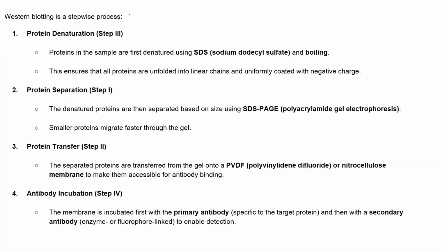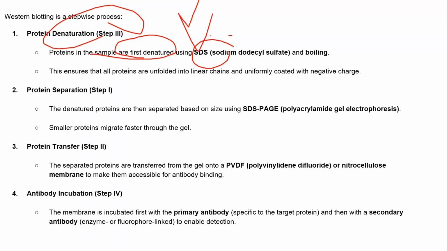So first is the protein denaturation step, and in that step we first have to denature using SDS. There we also add this SDS in the RIPA buffer. What is this SDS? This is sodium dodecyl sulfate that helps in the denaturation of proteins, and it will unfold the proteins.